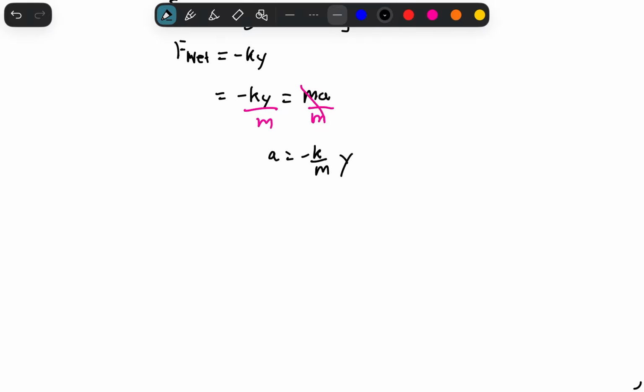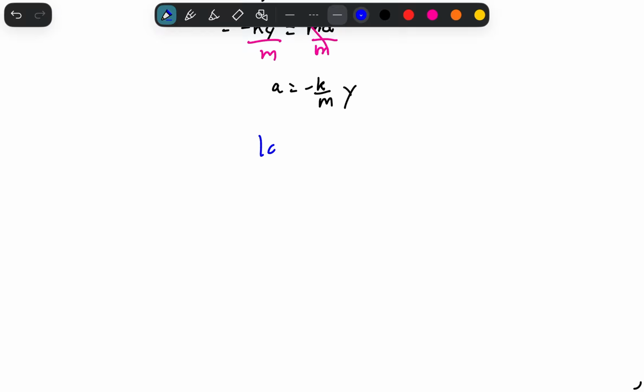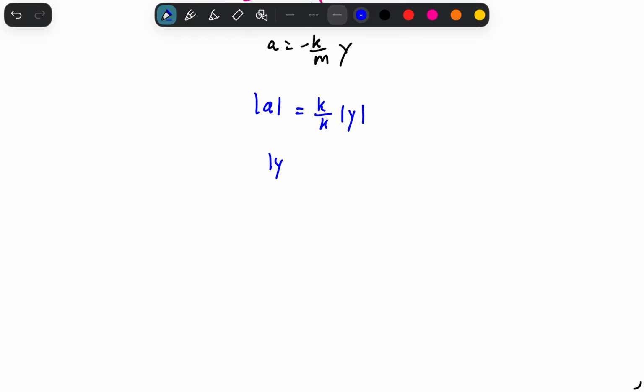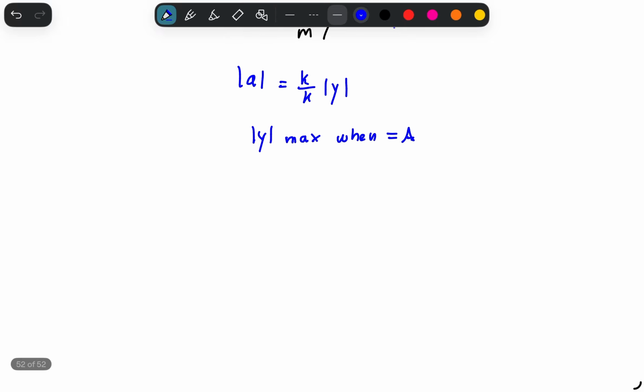So this is the same as simple harmonic motion in the horizontal case. So again, if we wanted to find the max acceleration, that would be a is equal to k over m times the magnitude of y. And we know that y is going to be max when you are equal to A, when you're at your amplitude. So that means that a max is still going to be equal to kA over m.